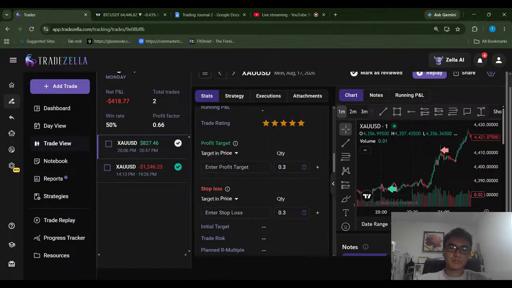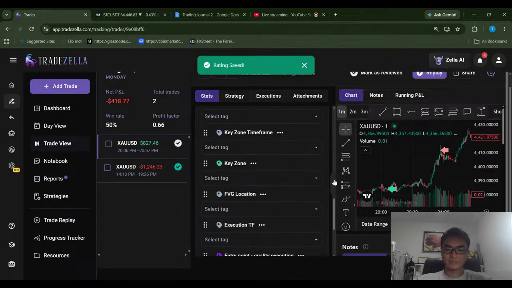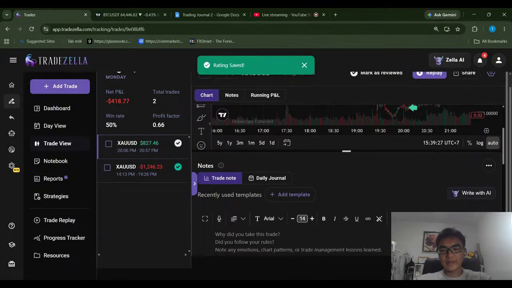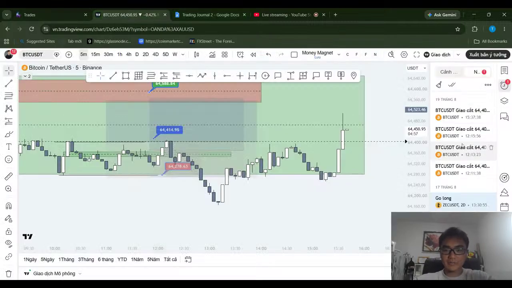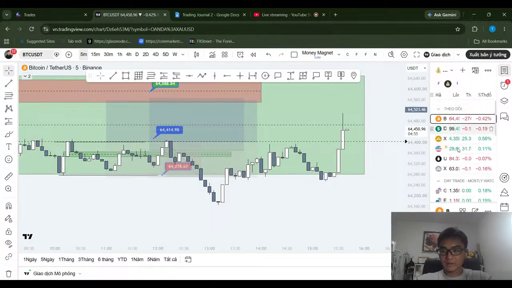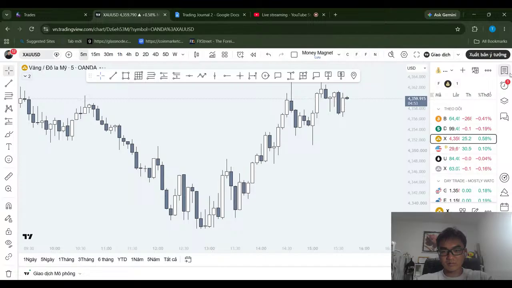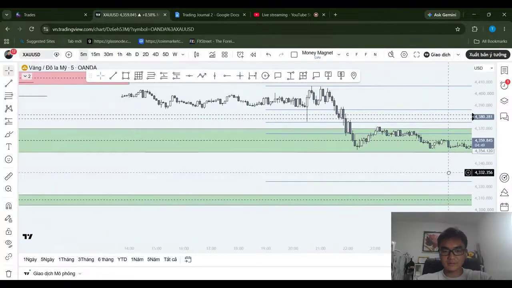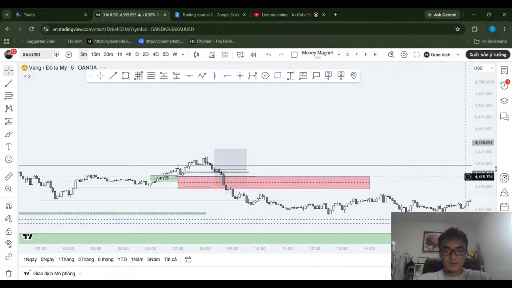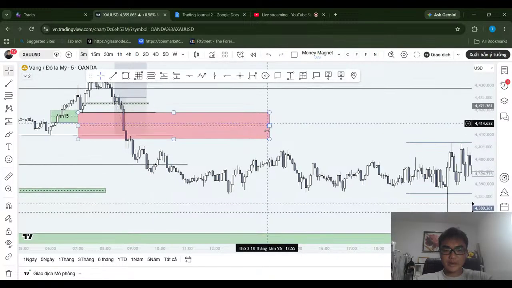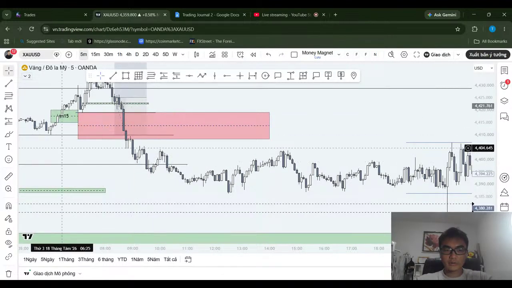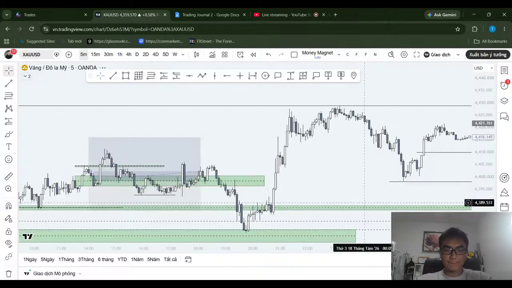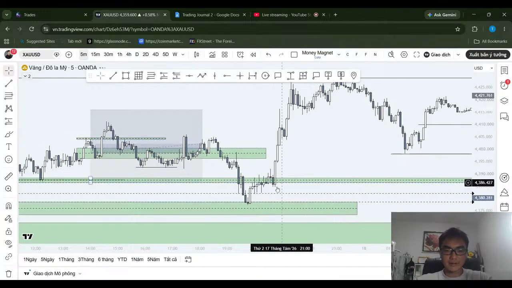So this is a pretty good trade. This trade right here is a very solid trade where I win very fast. This is the same trade that I have on the day from here.